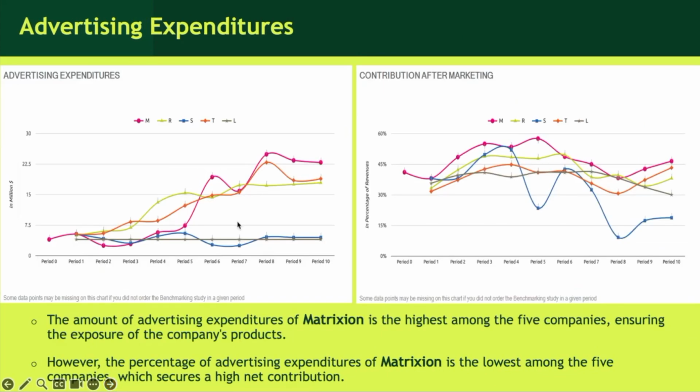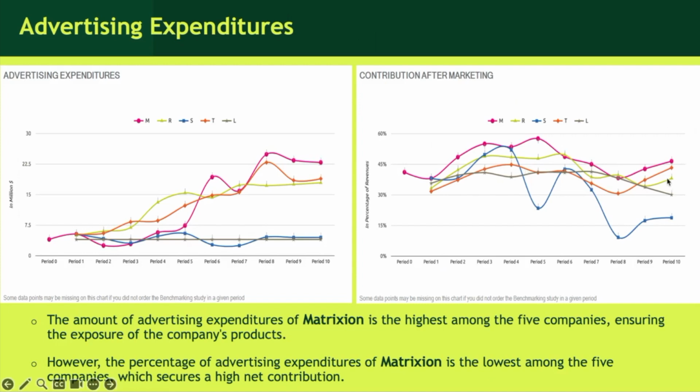And you can see the advertising expenditures. The amount of advertising expenditure of Matrixon is the highest, as we can see from the picture. The highest spending ensures exposure of the company's products.